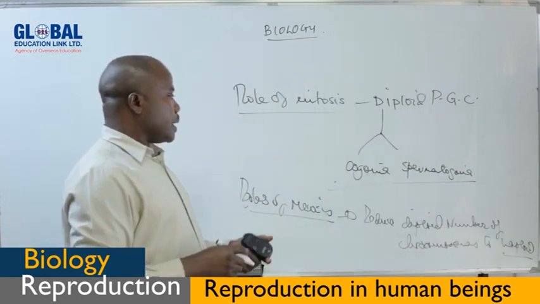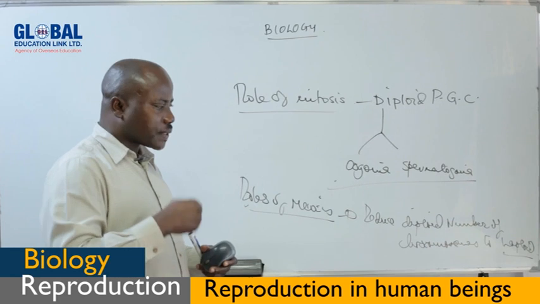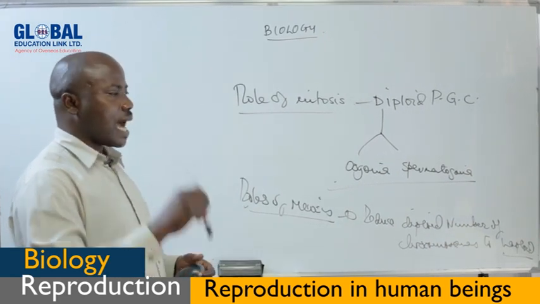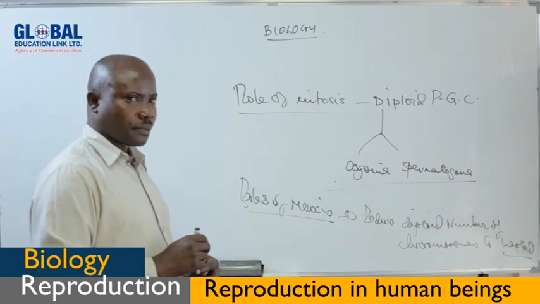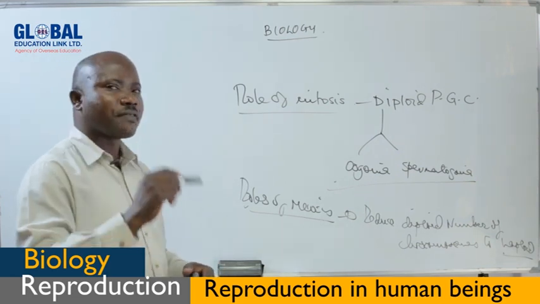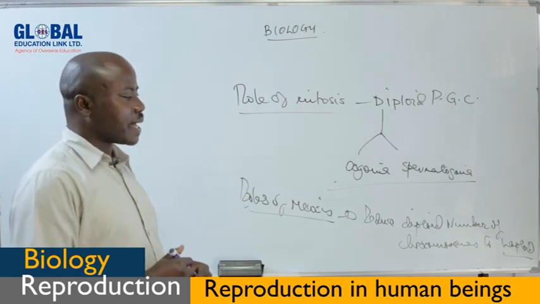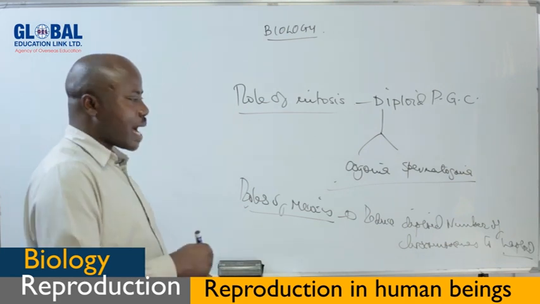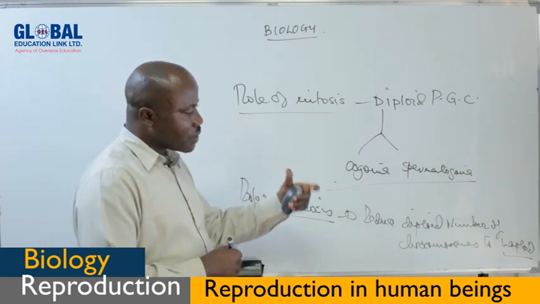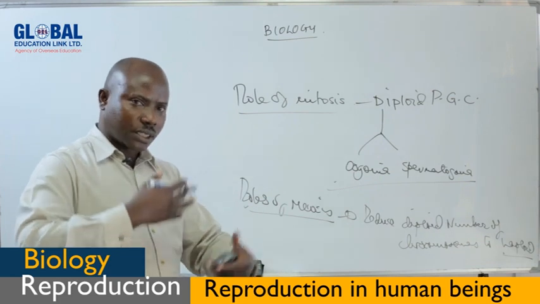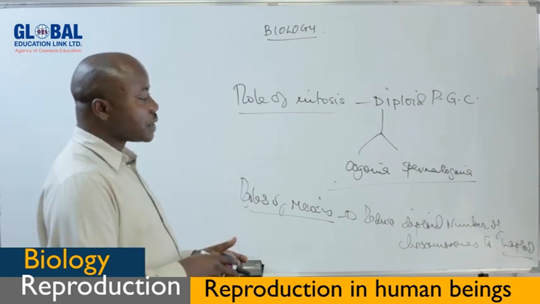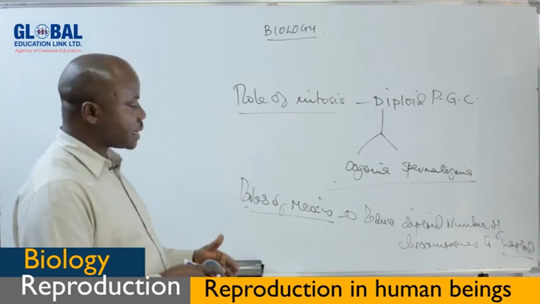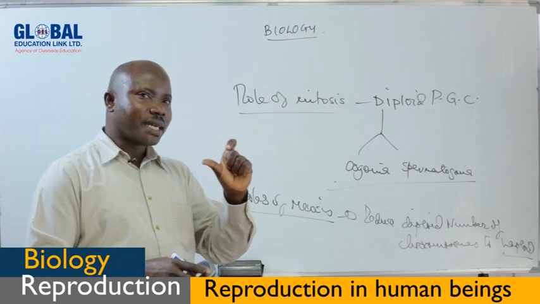Therefore, in oogenesis, the primary oocyte undergoes meiosis 1, producing a secondary oocyte and the first polar body. The secondary oocytes have half the number of chromosomes of the parent cells. But also, the second meiotic division occurs whereby the secondary oocyte undergoes meiosis 2 to reduce the number of chromosomes to haploid cells. At the end of this process, we produce four haploid cells.